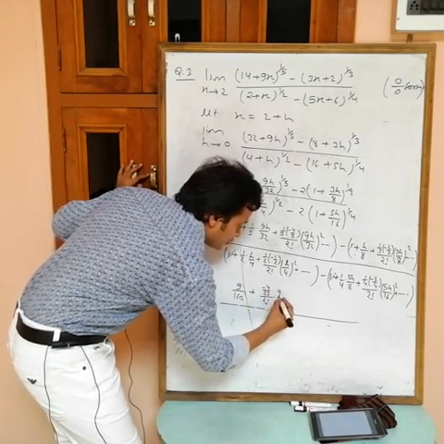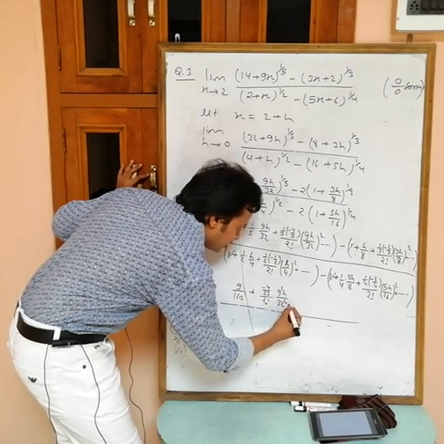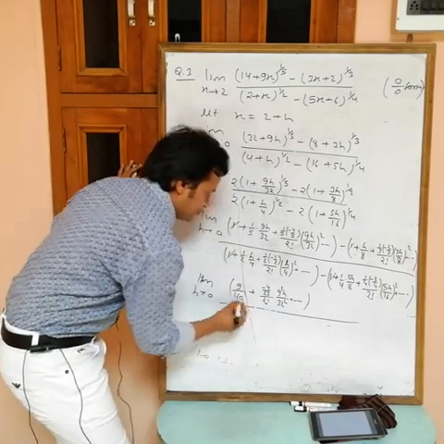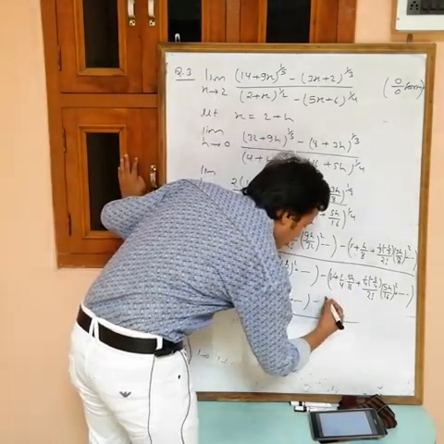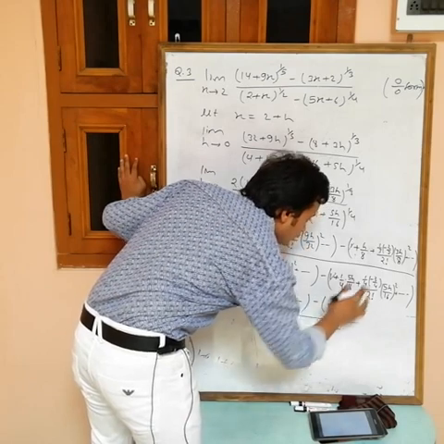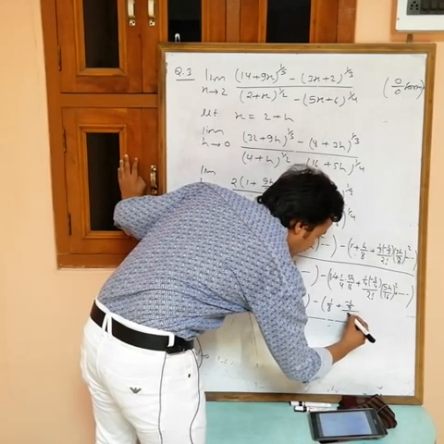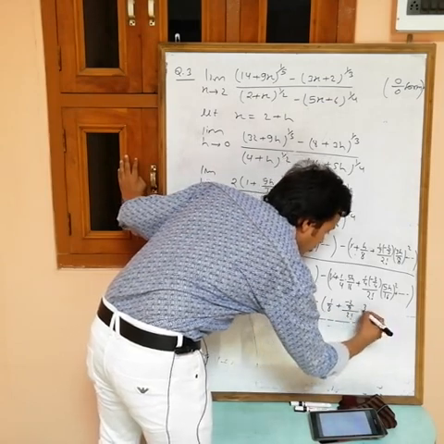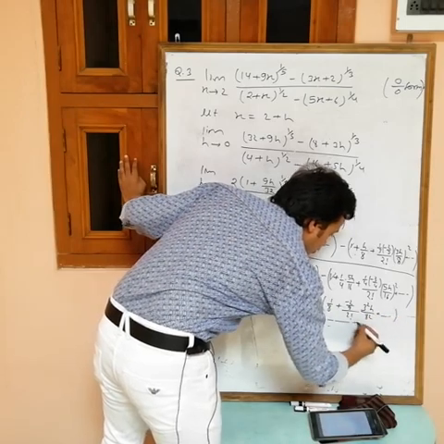9 square h by 32 square. Okay, here h we are taking common now, then what remains, 1 by 8 plus minus 2 by 9 by 2 factorial, 3 square h by 8 square.